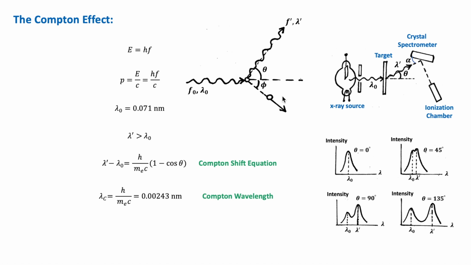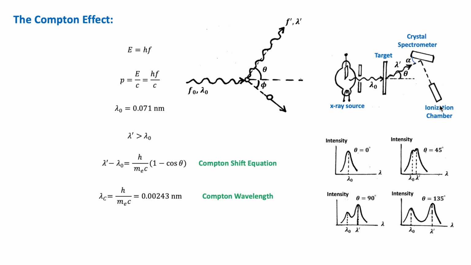The figure here shows the scattering, and the figure here shows a schematic diagram of the apparatus used by Compton. It shows an X-ray source, and the X-rays are scattered by a carbon target. After that, it is diffracted by a rotating crystal spectrometer, and the intensity is measured using an ionization chamber that generates a current proportional to the intensity.